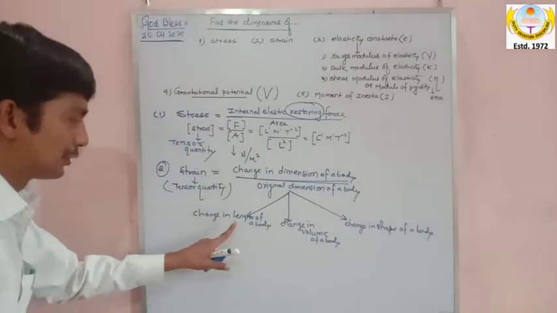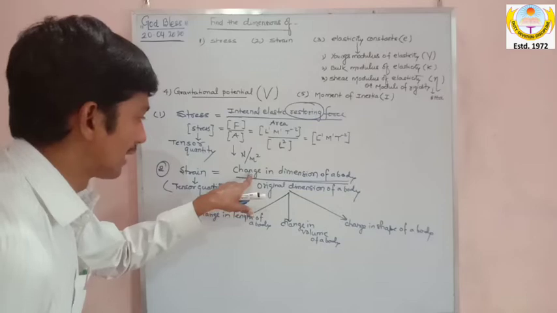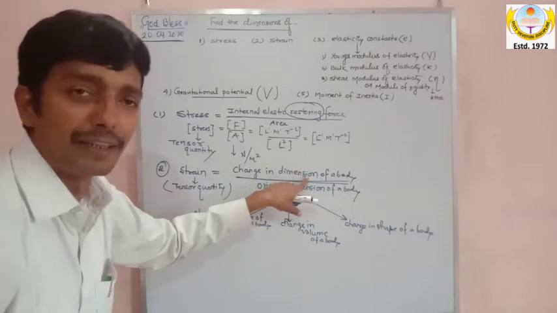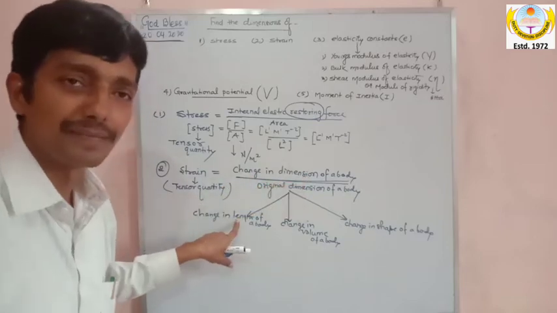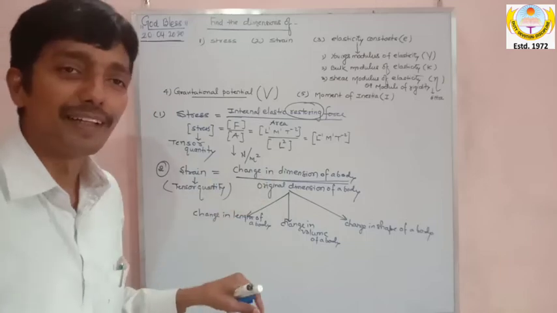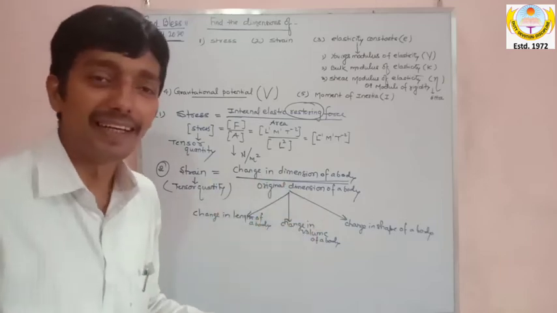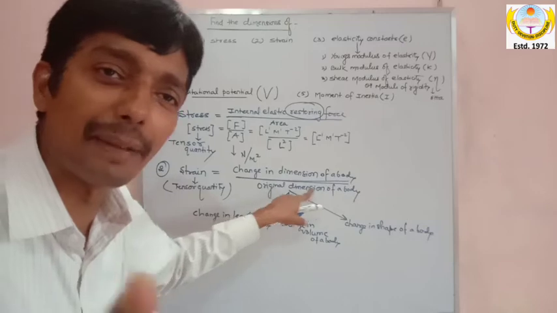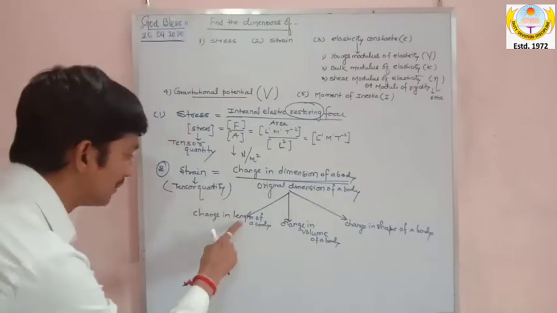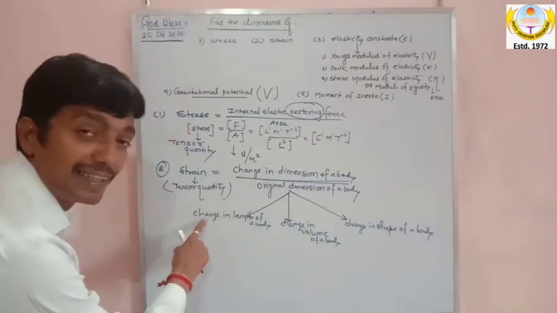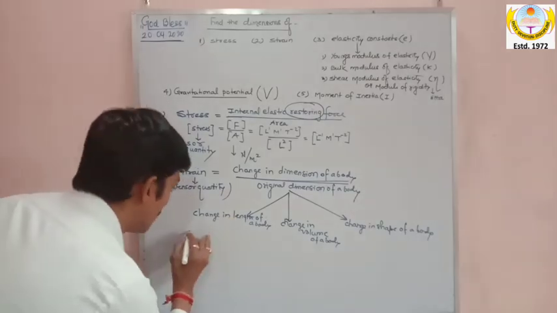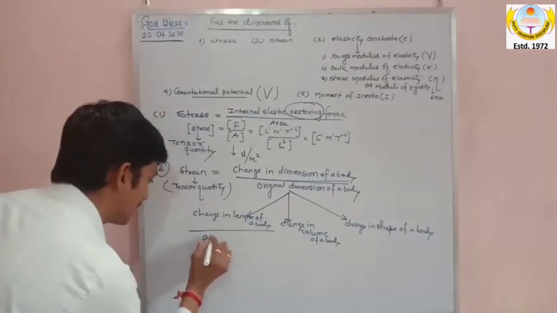Now my dear, if it is change in length of a body, that will be in the numerator, that dimension where length is changed. But my dear, strain is what? Not only change in dimension, it is divided by original dimension also. So if there is a change in length, then it will be divided by original length.